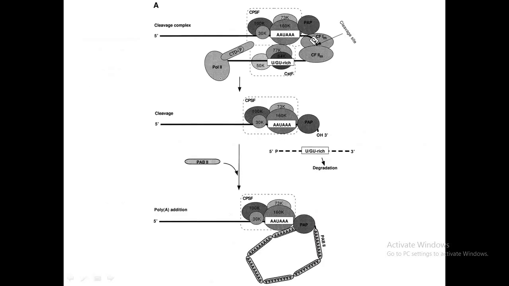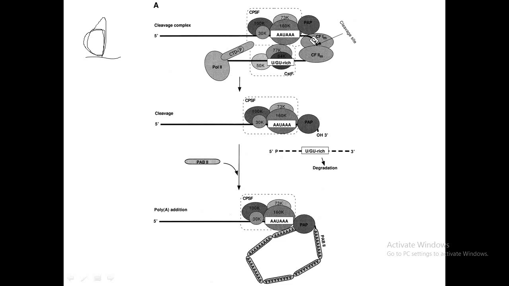As I said, once the RNA polymerase reaches this AAUAA site, the CPSF and CSTF come and bind to their respective sites. The CPSF and the CSTF are already present from the assembly of the transcription factors before the initiation process.